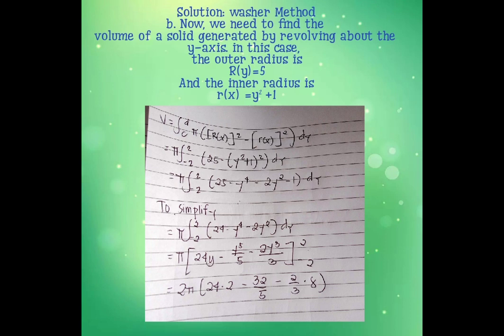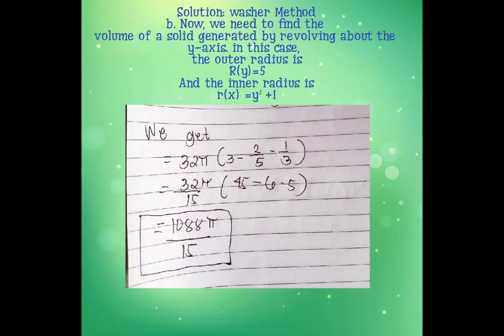That is equal to pi times 24y minus y to the fifth over 5 minus 2y to the third over 3, to the limits of 2 and negative 2, which is 2 pi times 24 times 2 minus 32 over 5 minus 2 over 3 times 8. By that we get 32 pi times 3 minus 2 over 5 minus 1/3, which is equal to 32 pi over 15 times 45 minus 6 minus 5, and our answer is 1088 pi over 15.